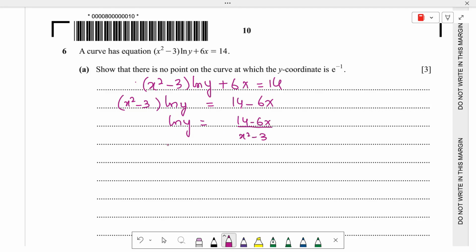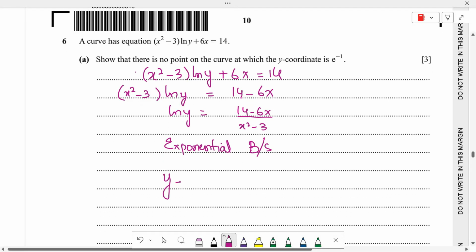We need to find y, so to eliminate ln we will use exponents on both sides. So y will be equal to the exponential of (14 minus 6x) over (x squared minus 3).